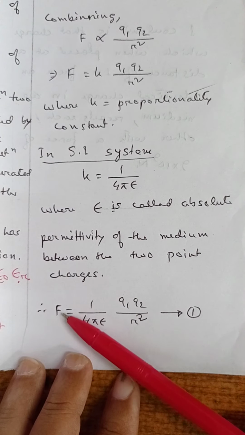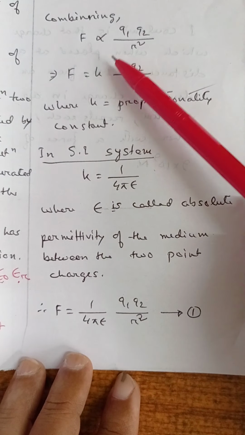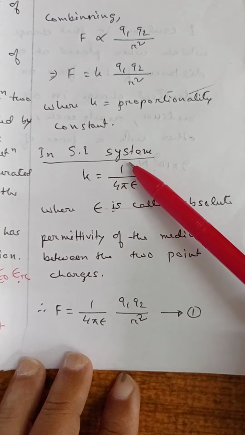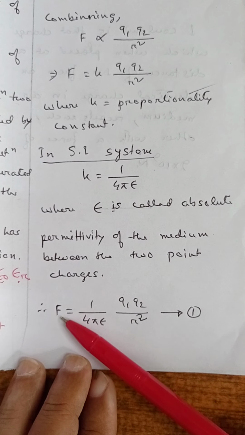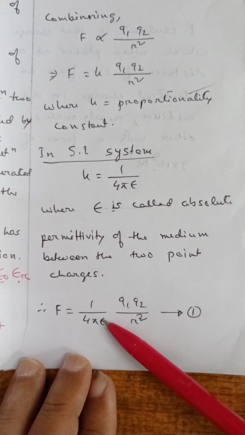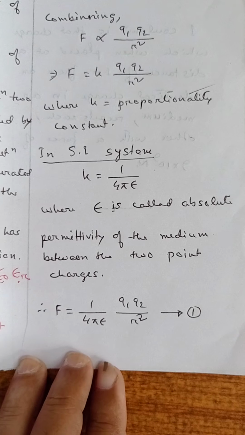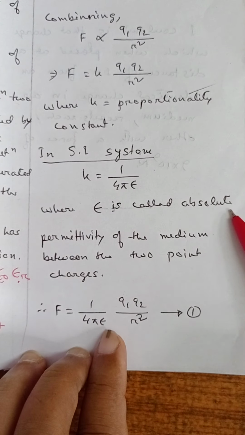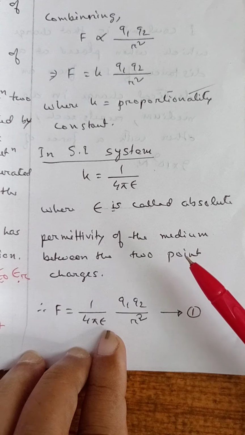Therefore, the force of interaction between them also changes. If we put k as 1 by 4 pi epsilon in the SI system, then the force of interaction between them is 1 by 4 pi epsilon Q1 Q2 by R square. This is equation 1. This epsilon is called the absolute permittivity of the medium. If we change the medium between the point charges, the force of interaction between them also changes.